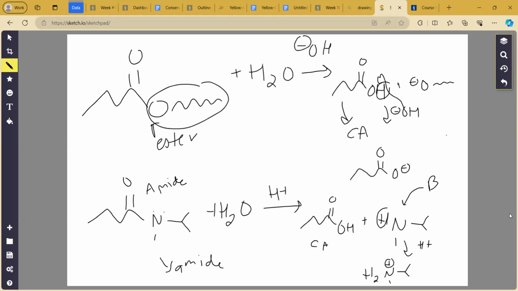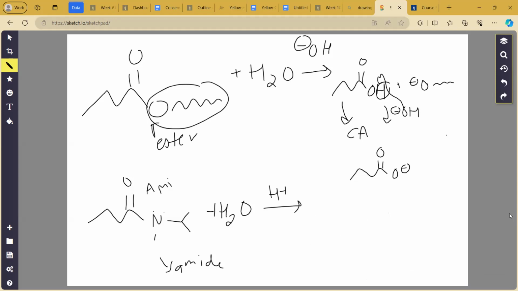And I'm going to do some more examples where it goes the other way. So I'm actually going to go all the way back on this. And this is an amide. I'm going to cross this out and I'm going to make it a base.